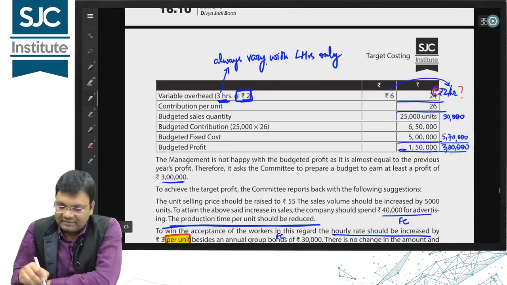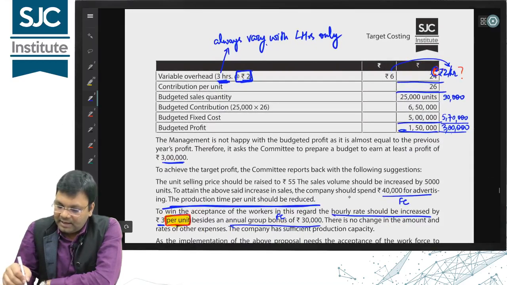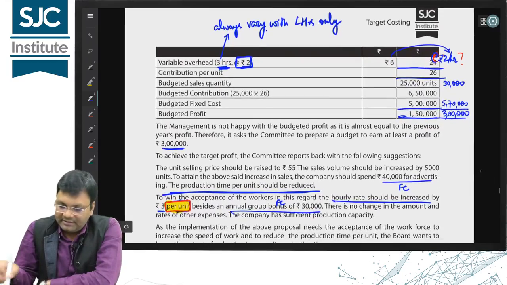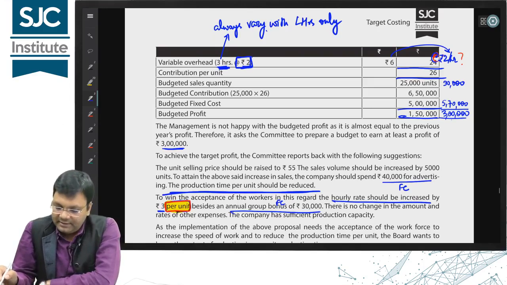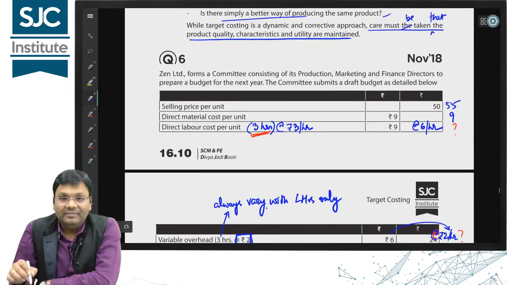To achieve this, there are some suggestions. Selling price will be 55, so I made the new selling price 55. Advertisement cost is 40,000, so I increase 5 lakhs to 540, and then there is a group bonus of 30,000, so I increase 540 to 570. Then the rate of worker is being increased by rupees 3 per hour, so the new rate will be rupees 6 per hour.